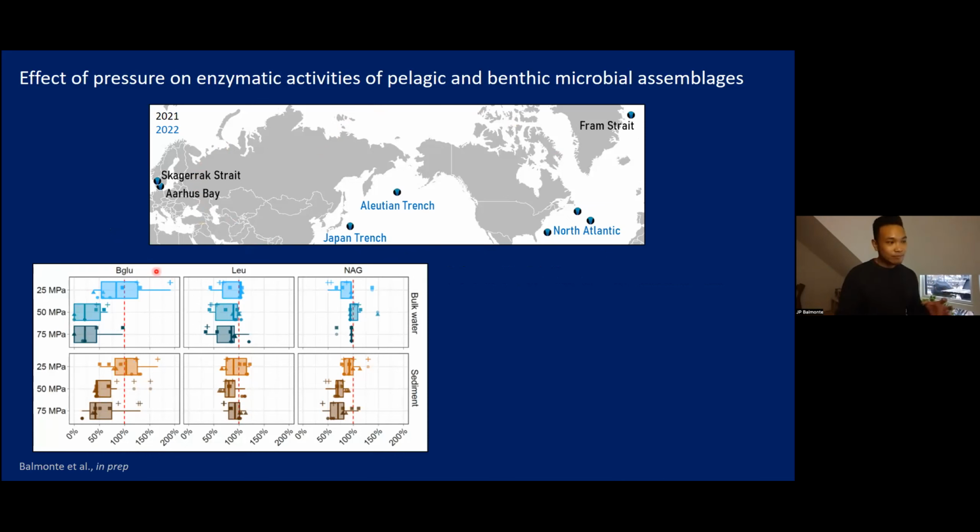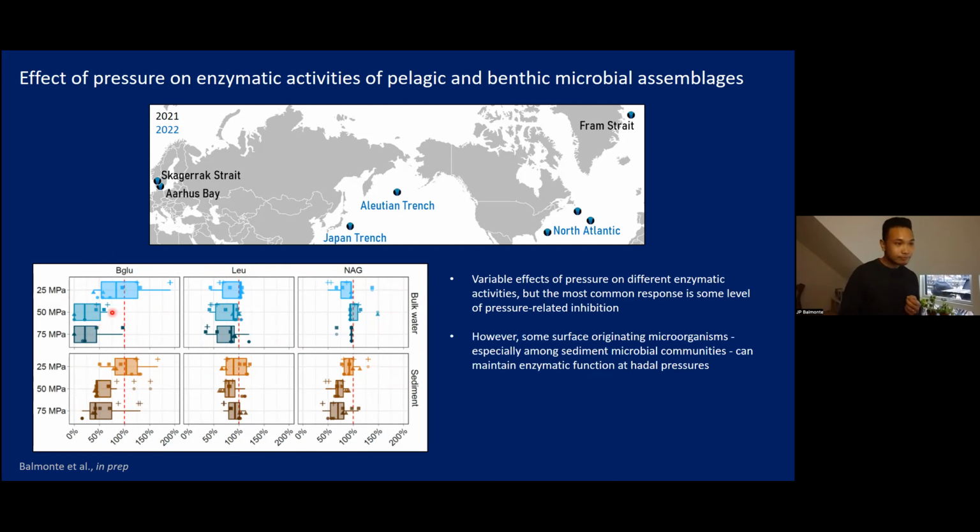It's the same plot, with the same enzymes, beta-glucosidase, leucine-aminopeptidase, and chitinase, except here you're seeing seawater at the top and sediment at the bottom. The effects are very variable, but the most common response is some level of pressure-related inhibition, so these dots lie to the left of the red line.